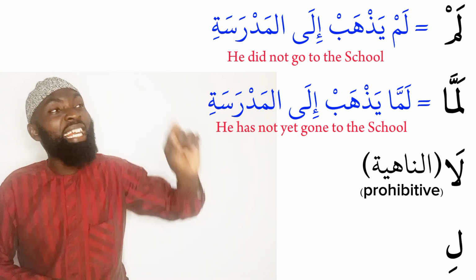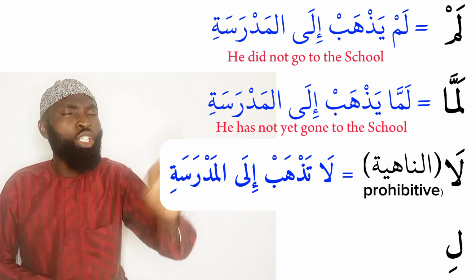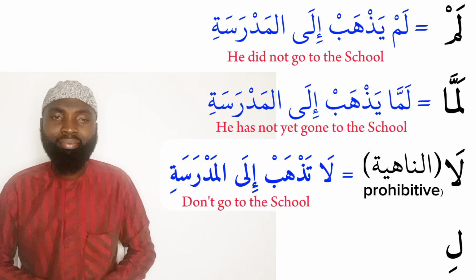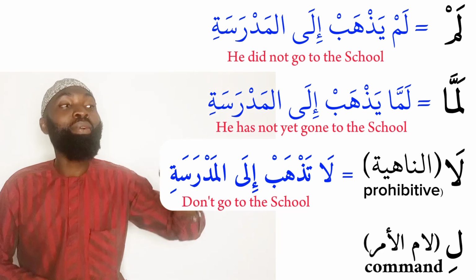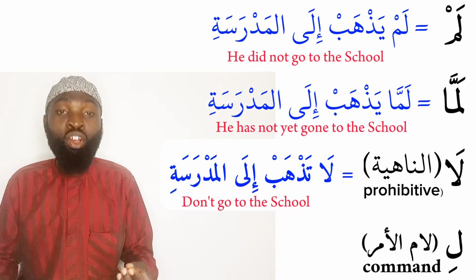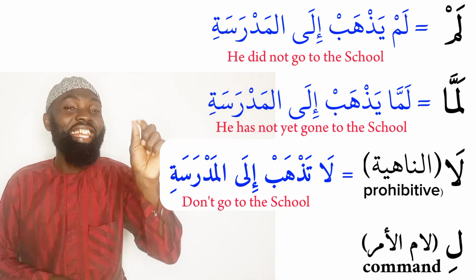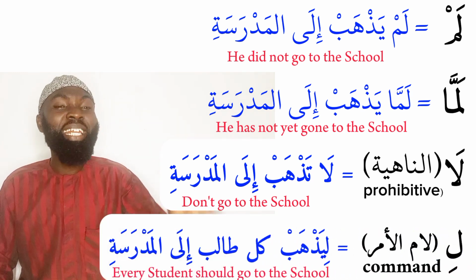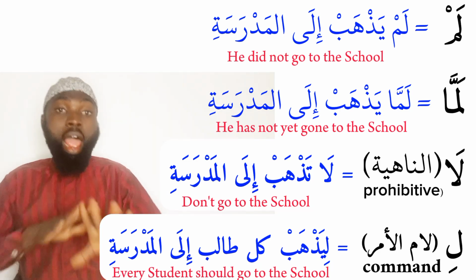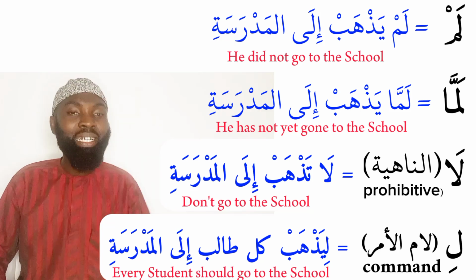An example I would say, la tadhhab ila al-madrasati, which means don't go to the school. Don't go. The last one is called the lamul amr, which means the imperative or the command lam, and this is known to be li. An example I would say, liyadhhab kullu talibin ila al-madrasati. Every student should go to the school. This is lam of command.